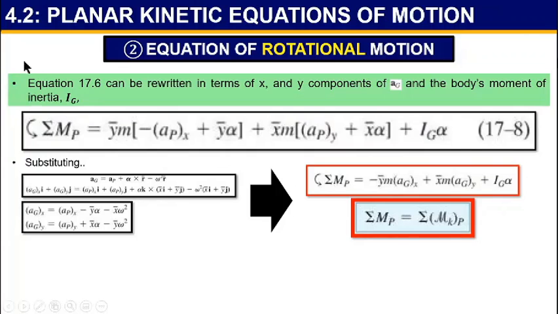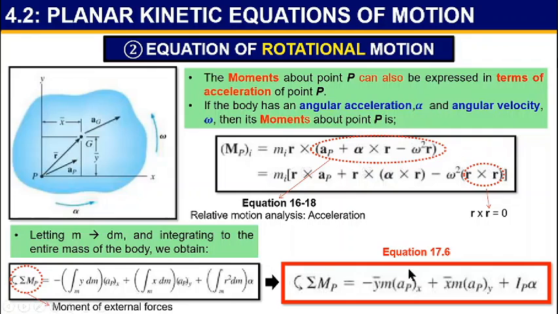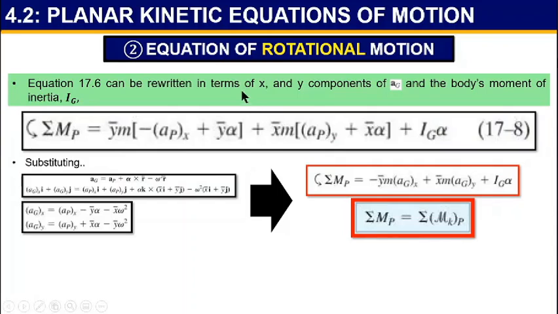So equation 17.6 just now can be rewritten in terms of the x and y components of aG and the body's moment of inertia IG. Actually, just now we already determined this equation, and it can simplify to this equation.